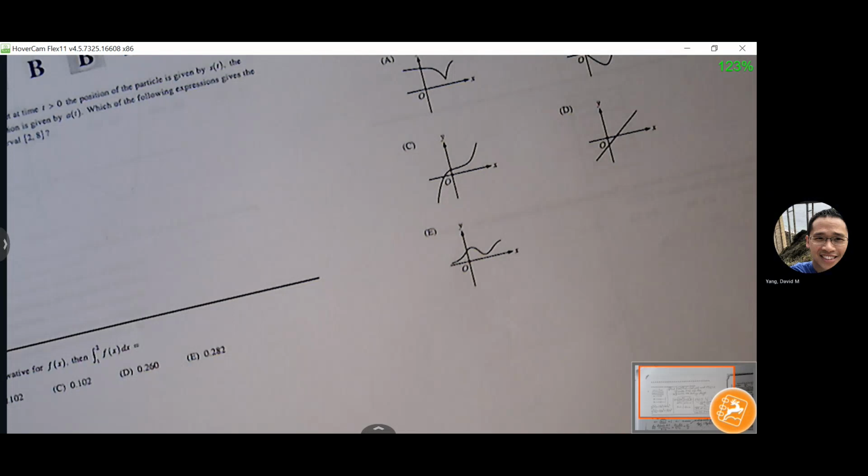Oh, cosine. Thank you. I see that. Cosine becomes sine. Would be negative. I mean, not negative, sorry. Yeah.